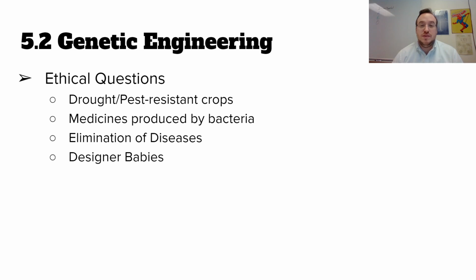And as we get better and better at utilizing genetic engineering, specifically things like CRISPR, which we'll talk about later in class, we can change the way that fetuses develop by changing the DNA that they have in vitro.